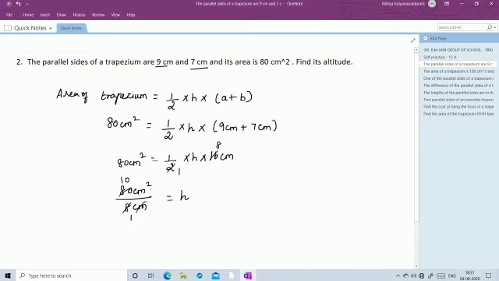So centimeter also you can cancel. If centimeter is there 2 times, cancel, then 1 time will be remaining. So altitude of the trapezium h is equal to 10 centimeter. So height of the trapezium is equal to 10 centimeter.